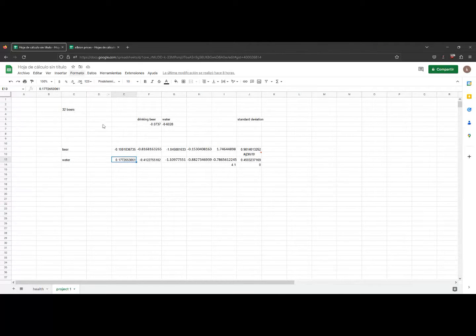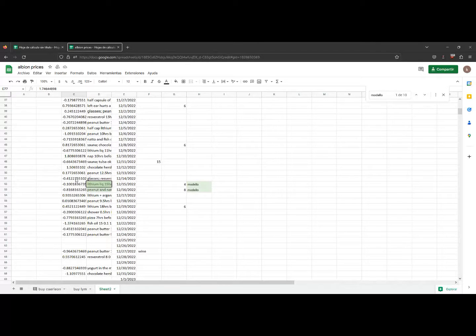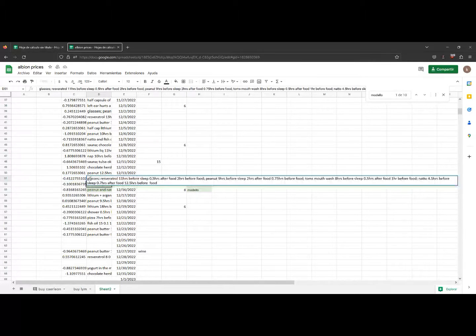That's a day that you didn't drink any alcohol, and it was the closest to you drinking alcohol. So this one you didn't drink alcohol, right? And the second one is this one. But I drank Modelo on that one. No, in this one you didn't drink any.